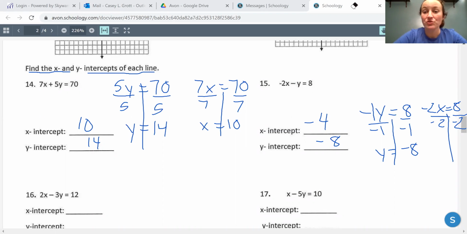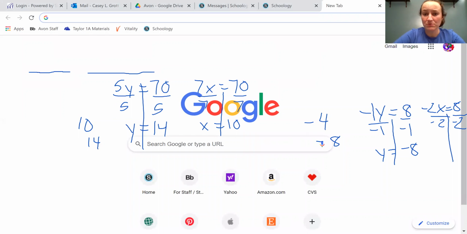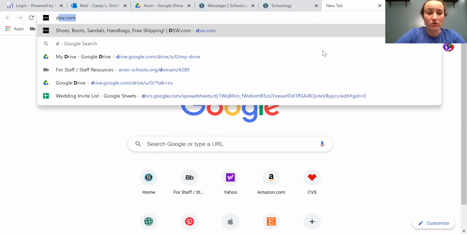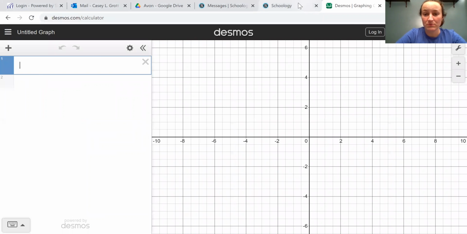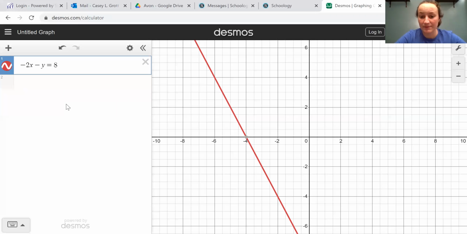Something else that I want to show you really quick is even though we're doing the shortcut method, it is still graphing ultimately. So if I were to get rid of the drawings because that's a mess, graph this line. Going back to the one that we just did, that was -2x minus y is equal to 8.